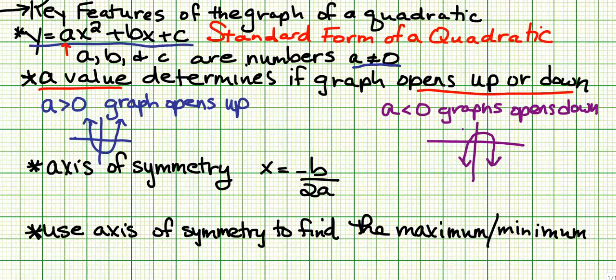If it's positive, the graph opens up. If it's negative, the graph opens down, and you might feel better writing positive a value, and then over here with the purple graph, negative a value.